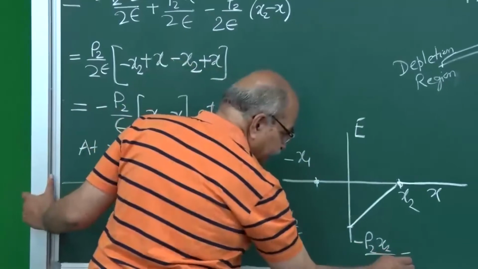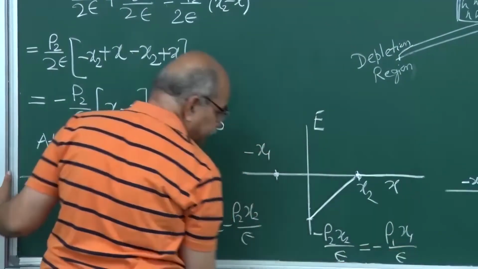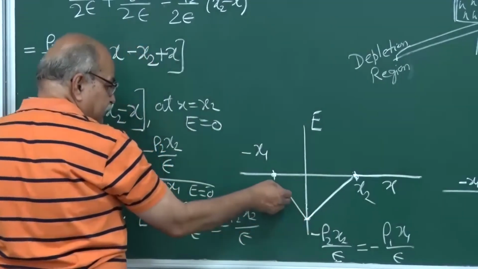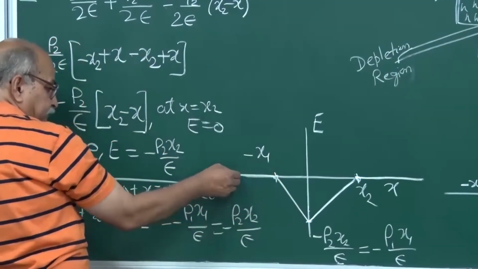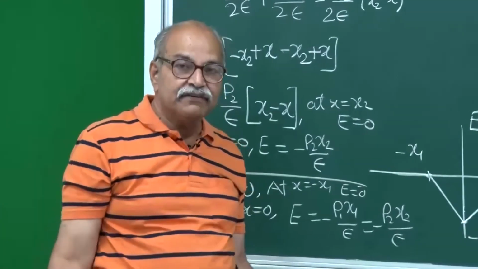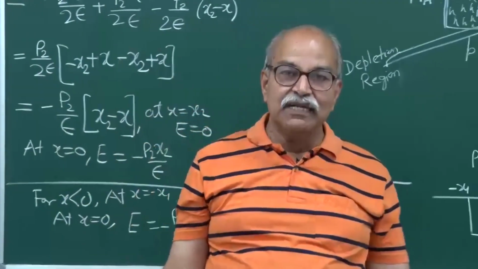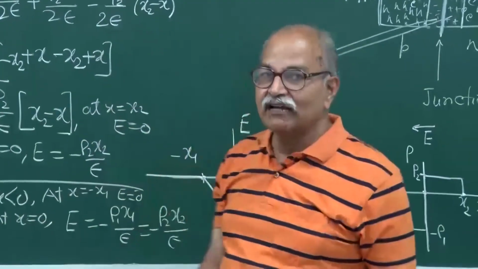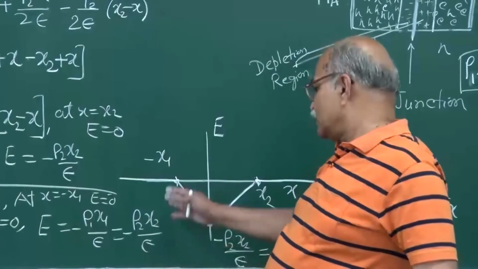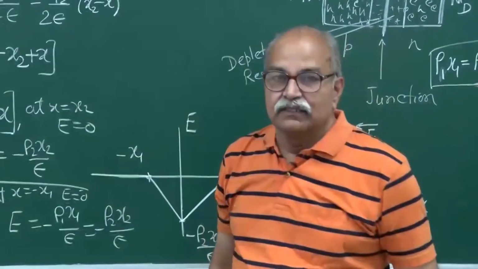So it's the same, and therefore the electric field will be like this. This is how the electric field will appear. It will be linear in the two regions. Depending on the dopant density, you will have a certain slope of this E versus x line here and here.